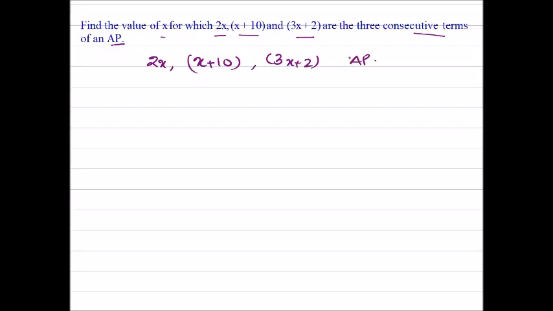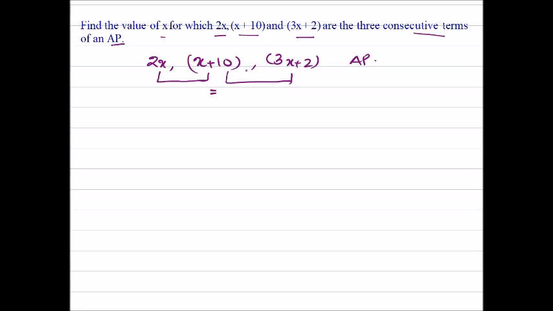In an AP, the difference between consecutive terms is constant. That is, the second term minus the first term is equal to the third term minus the second term. Both are equal.